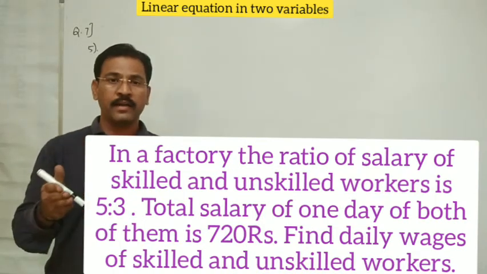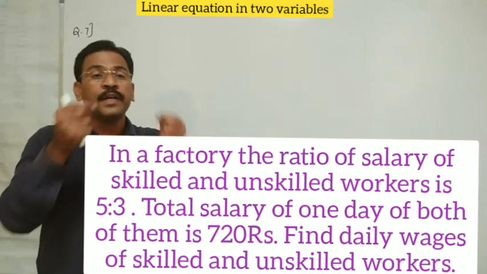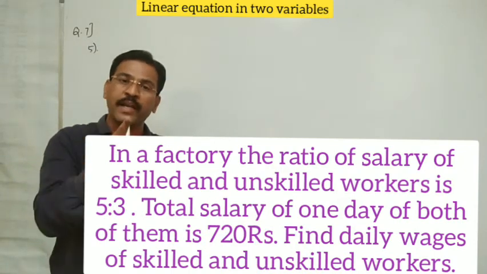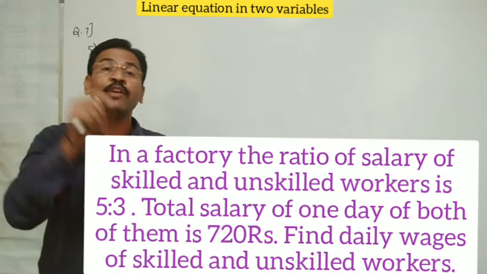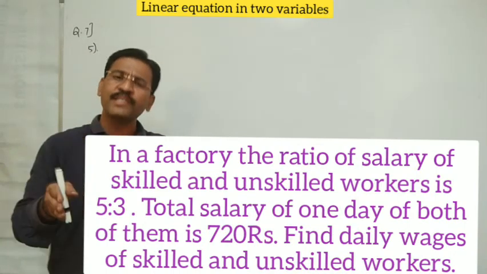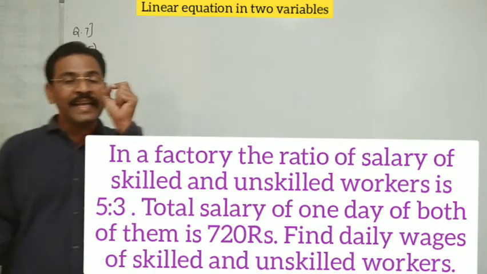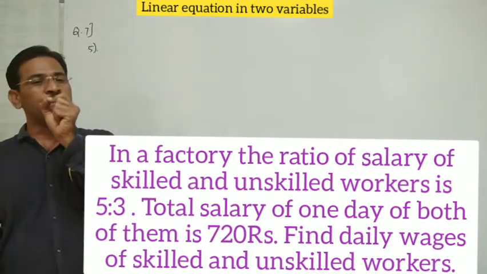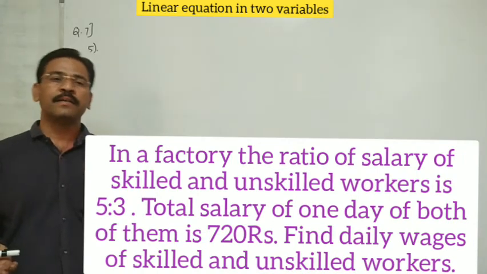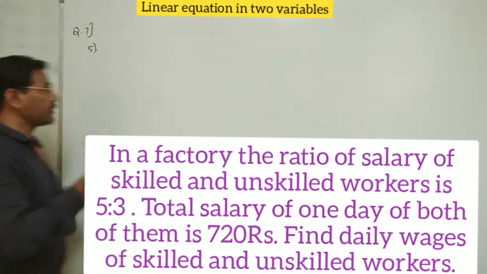And the second condition is what? The total salary of one day of both, skilled and unskilled, is 720. From this we are going to find the daily salary or daily wages of each kind of worker, skilled and unskilled. Okay, see first.